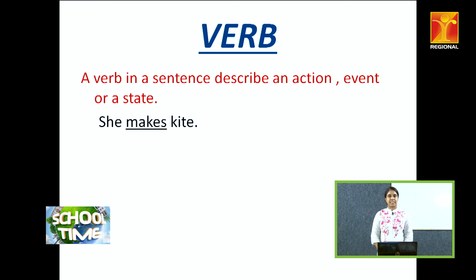A verb is a word that describes an action, event or a state. Clear? So now we understood that a verb is an action word. That means a verb describes an action or an event or an incident or a state.